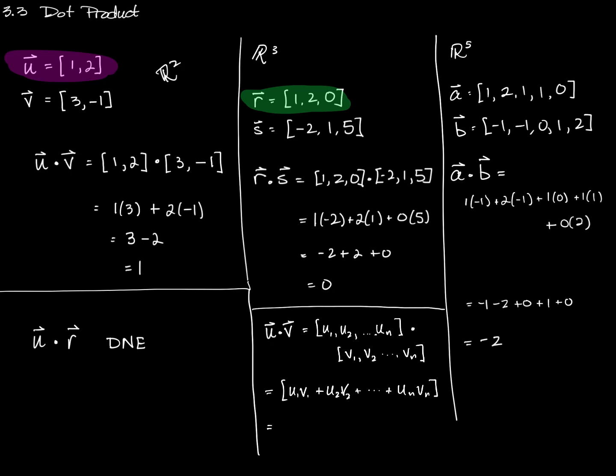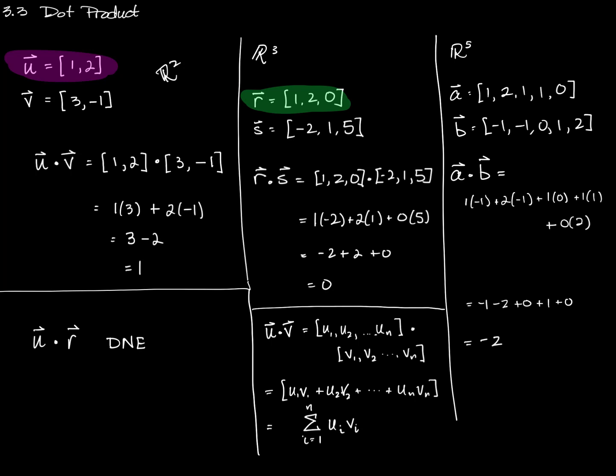So what we do is we use sigma notation instead to say that if you take all the UI, VI products as I goes from 1, so we're starting with U1, V1, and goes up to N, so we end with UN, Vn, that gives you the same thing.